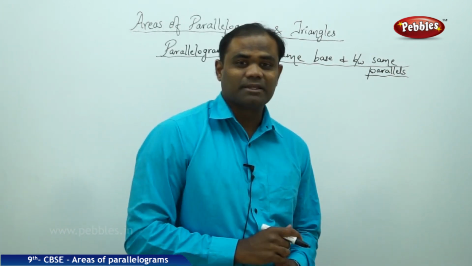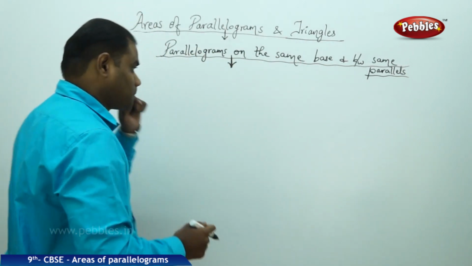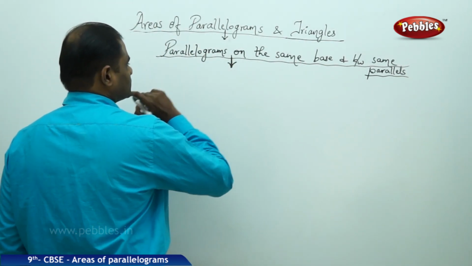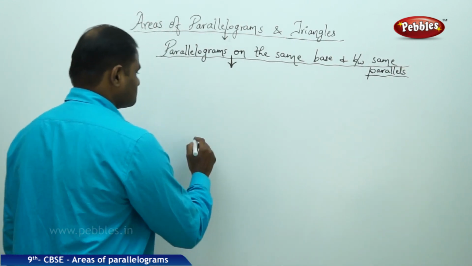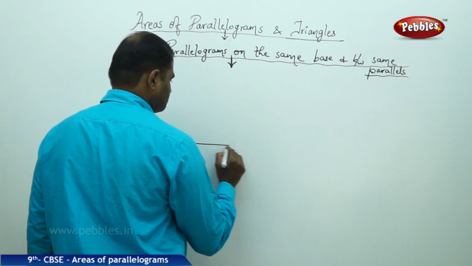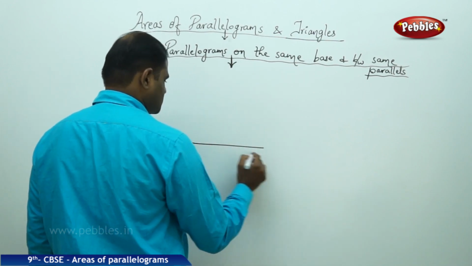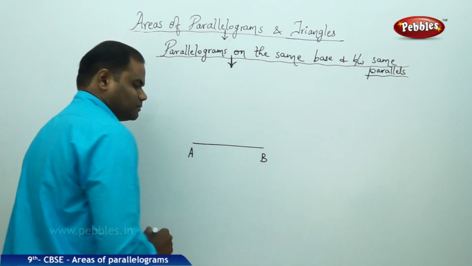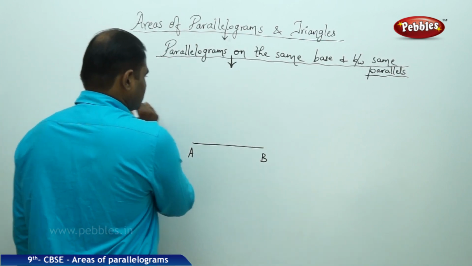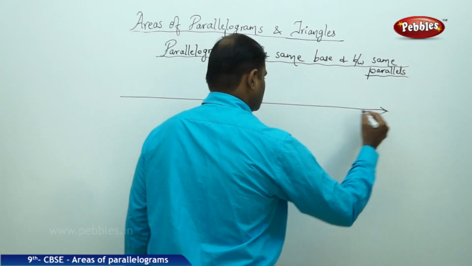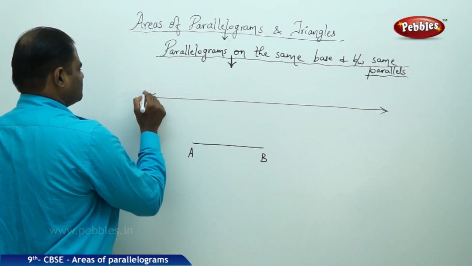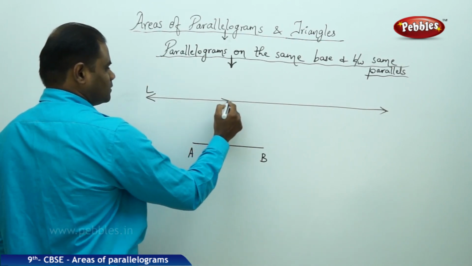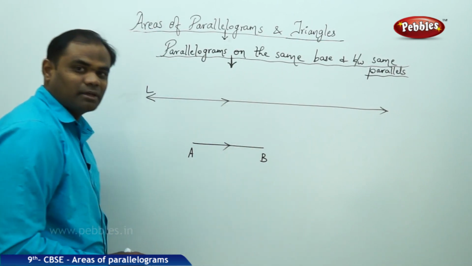Parallelograms on the same base and between same parallels. So let's take the parallelograms on the same base and between same parallels. Let the base be AB out here. Let there be a line L which is parallel to the base AB.